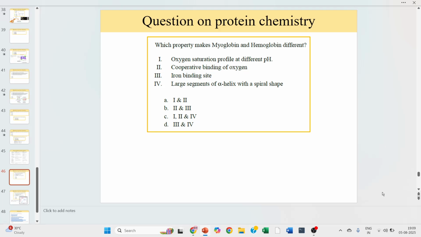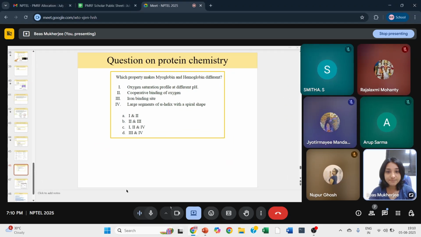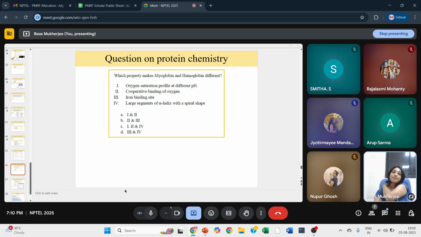Now this I have included because of this particular question, right? So which property makes hemoglobin and myoglobin different? Oxygen saturation profile at different pH, cooperative binding of oxygen, iron binding site, and large segments of alpha helix with spiral shape.